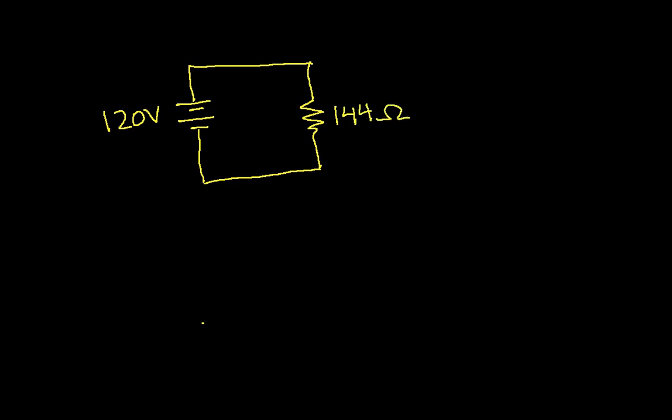We have a voltage source which provides 120 volts, and that's connected to a resistor with a resistance of 144 ohms. The symbol for ohms is a capital omega.